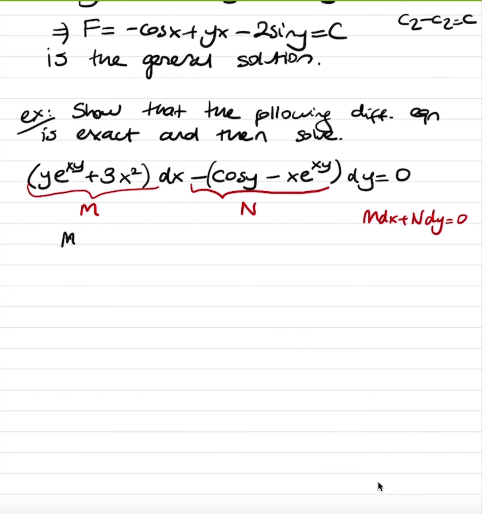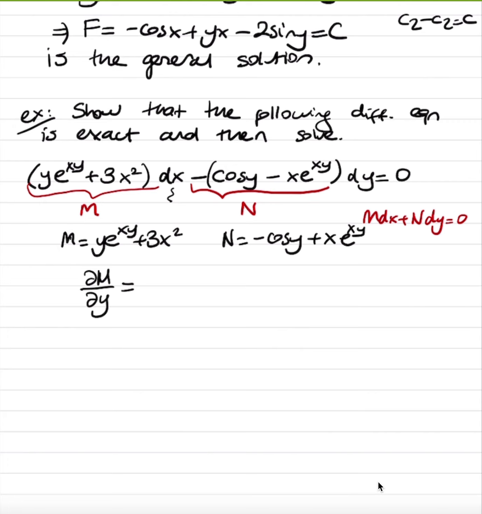So in this case we have M is equal to y e to the power xy plus 3x squared, and N is equal to minus cosine y plus, so I will multiply by minus, it is plus e to the power xy. We need to check that the derivative of M, the coefficient of dx, with respect to y, we have a very nice derivative here.